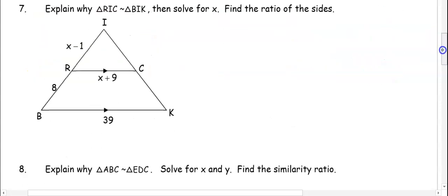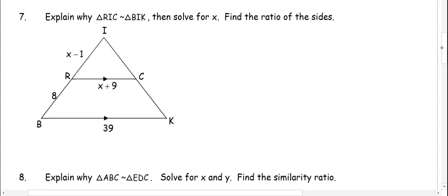So now we can apply this to help us solve. In number 7, we need to explain why triangle RIC is similar to triangle BIK. Then we want to solve for x and find the ratio of the sides. We see that we have parallel lines, which means we can use corresponding angles to be congruent. We also have the larger triangle BIK, and then the smaller triangle RIC inside.